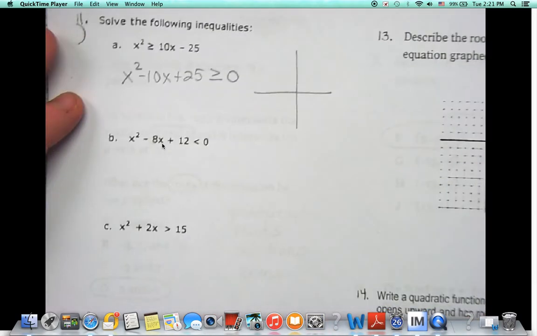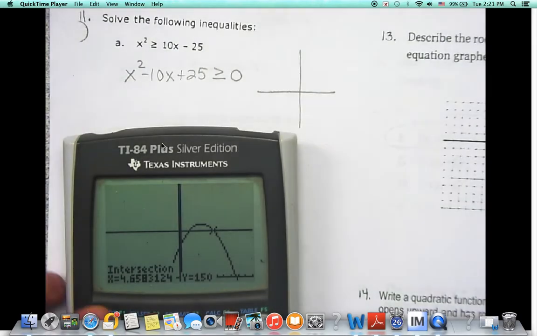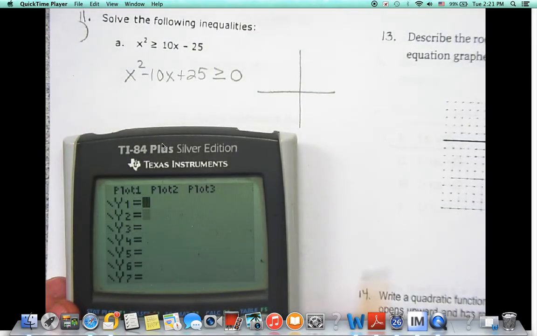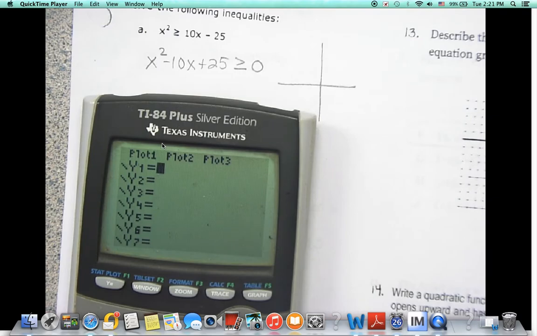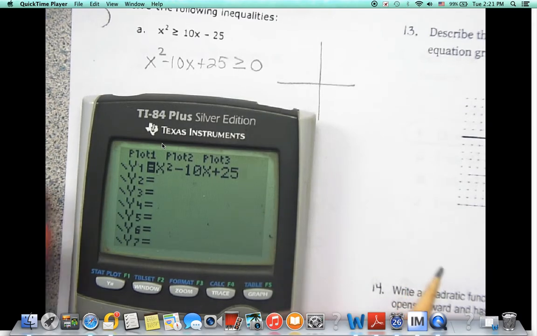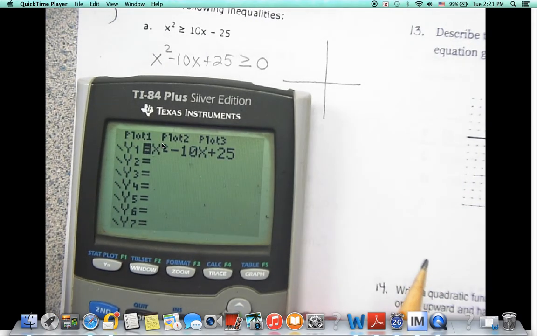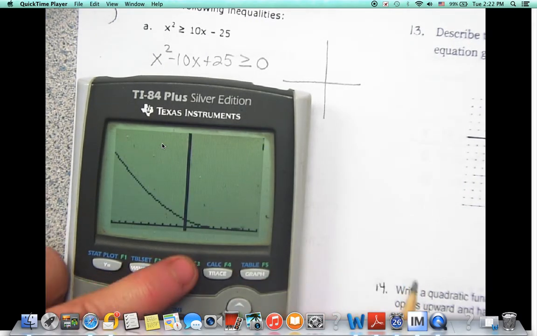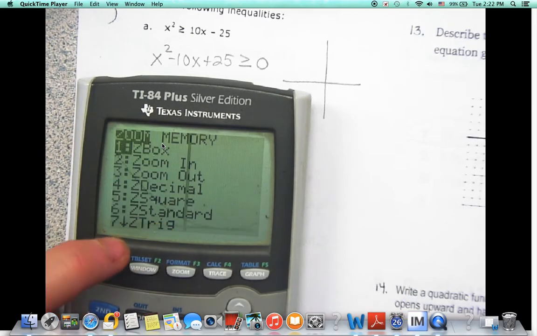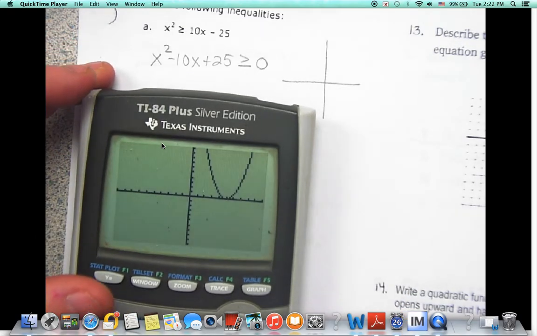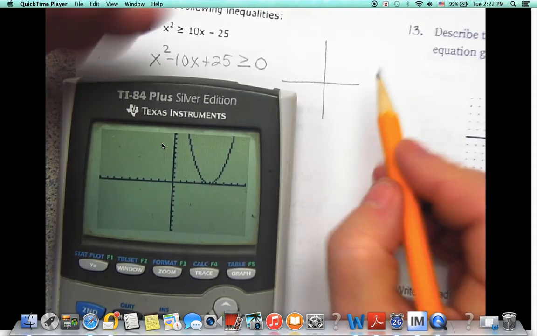We have to sketch it. Well, you don't have to, but I don't know if you can get the answer without it. Let's do zoom 6. You're looking for when the graph is greater than or equal to 0. So greater than, so above all of it.